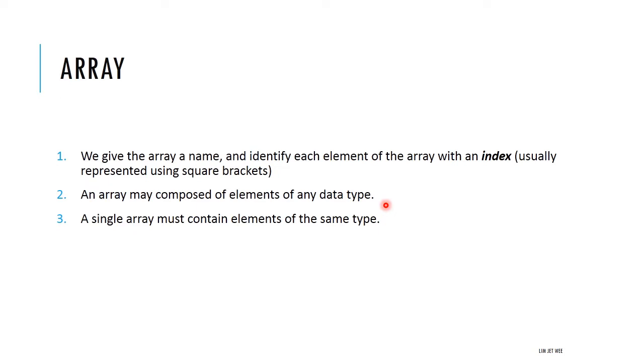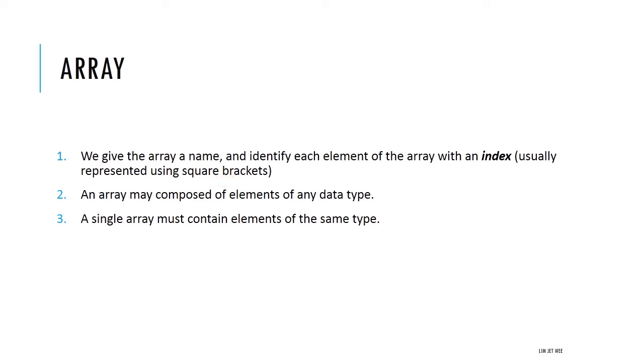The only difference is that an array is actually made out of many components, and they are usually defined or accessed using something called an index, depending on the programming language. But most of the time we use the square bracket to actually identify the index.